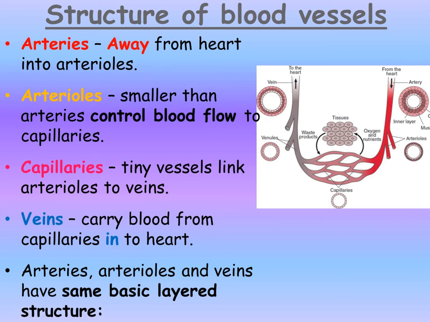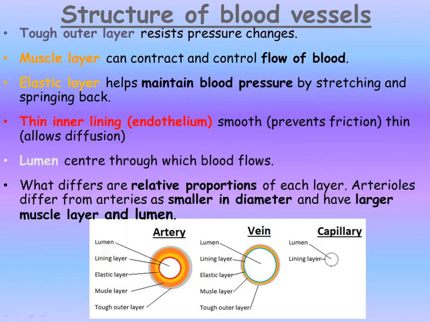So arteries, arterioles and veins have the same basic layered structure. It's just the percentage of each that changes. There is the tough outer layer, which can resist pressure changes, this one in grey.